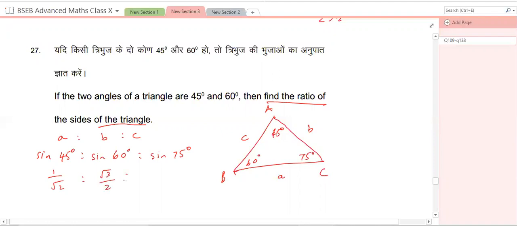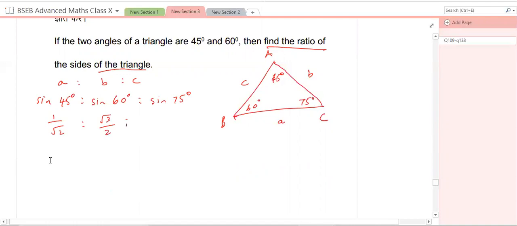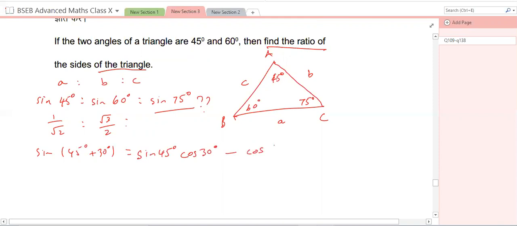Now we have a problem for sine of 75. Sine of 75 we can write as sine of 45 degrees plus 30 degrees, which is equal to sine 45 cos 30 plus cos 45 sine 30 degrees.